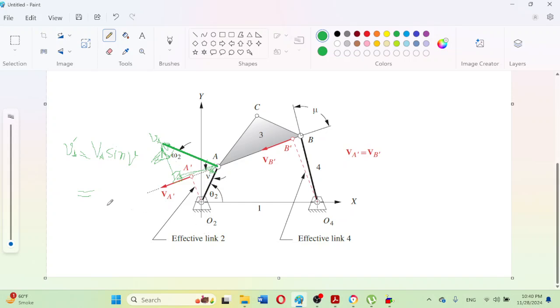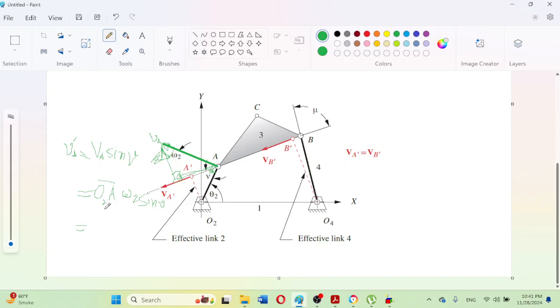That can simply be proved here: VA dash will be equal to O2A, which is the crank, multiplied by its angular velocity omega 2, and then multiplied by sine V.